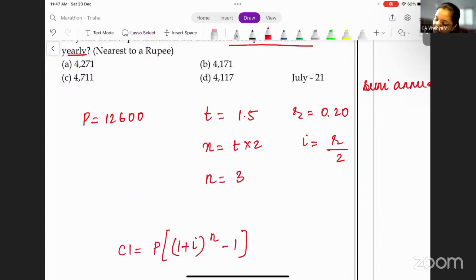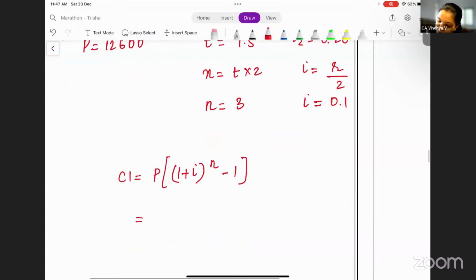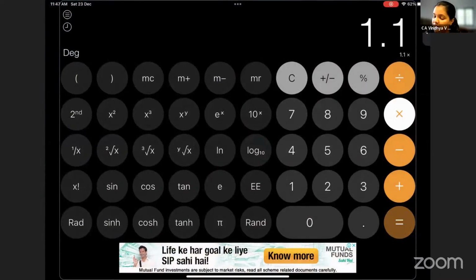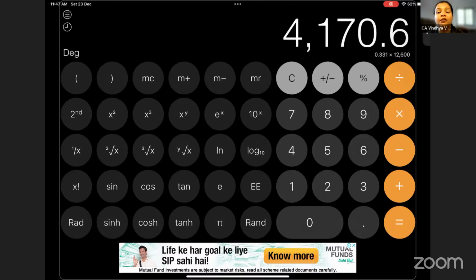N is 3 and I is 0.1. Substitute, you'll have 12,600 into 1.1 to the power 3 minus 1. Take your calculators. Calculate 1.1 to the power 3 minus 1, into 12,600.